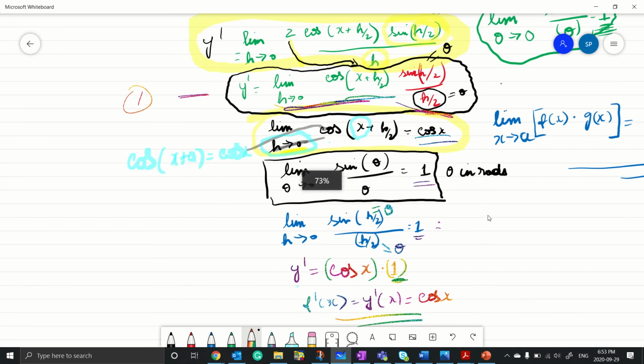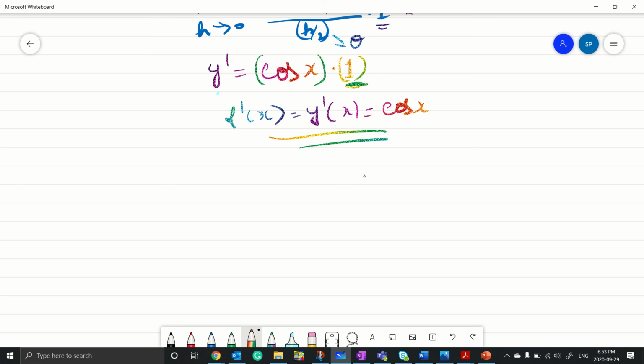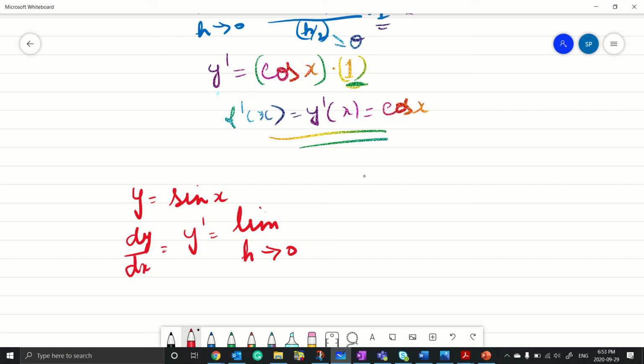Let us quickly review it one more time. If I have y equal to sin x, then y dash, or dy by dx, because y is a function of x, is the limit h tends to 0 of sine of x plus h minus sin x divided by h, and this is equal to cos x.